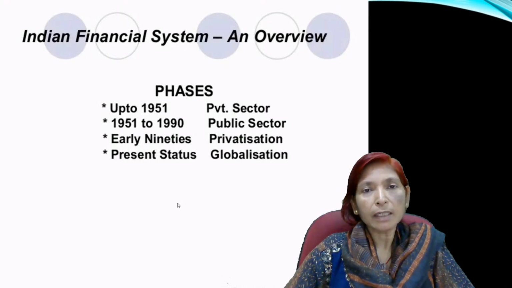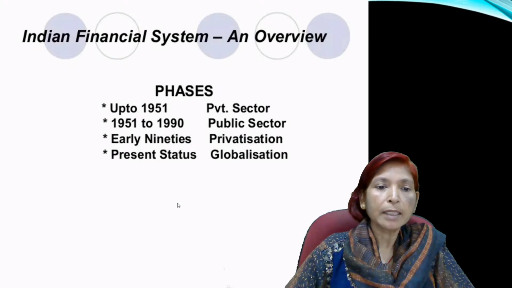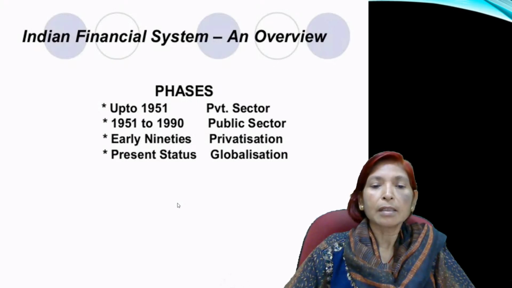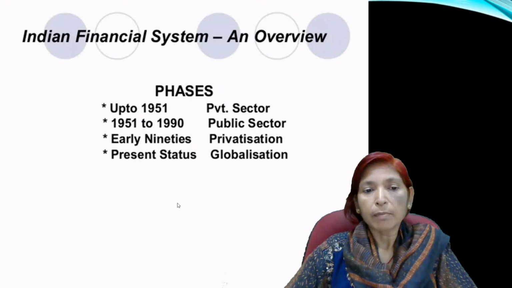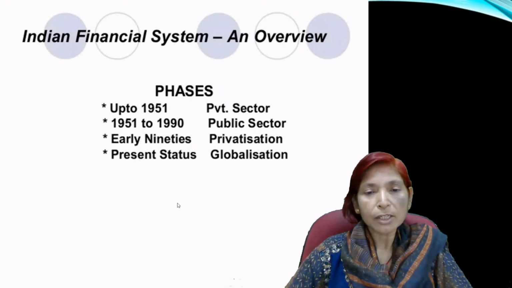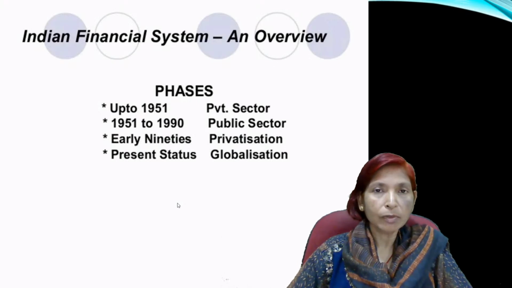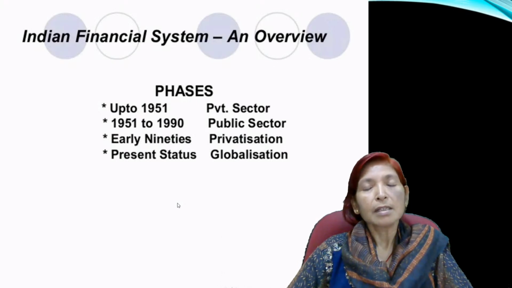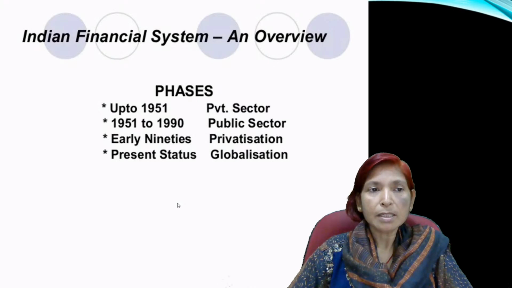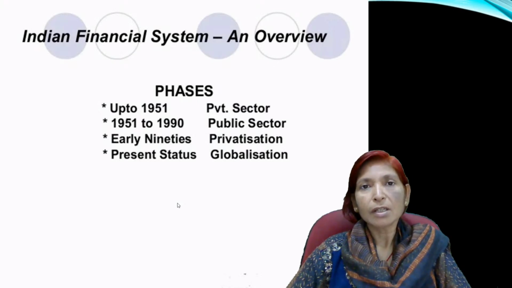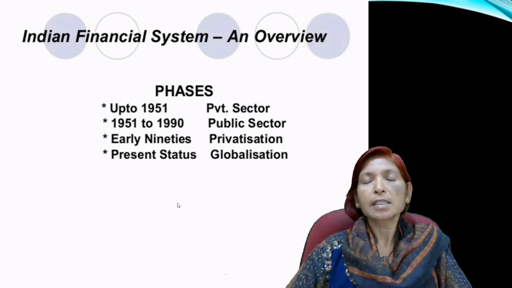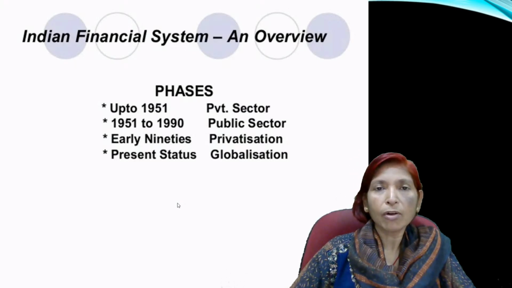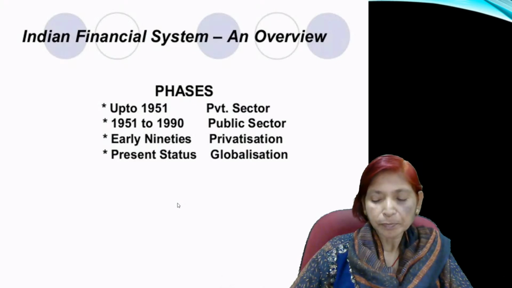From 1951 to 1990, the public sector played a very important role, and in the early 1990s, privatization played a very important role, and at present we are living in the globalization era. So at present, the whole Indian financial system is privatized. Very few sectors are in the hands of the public sector.